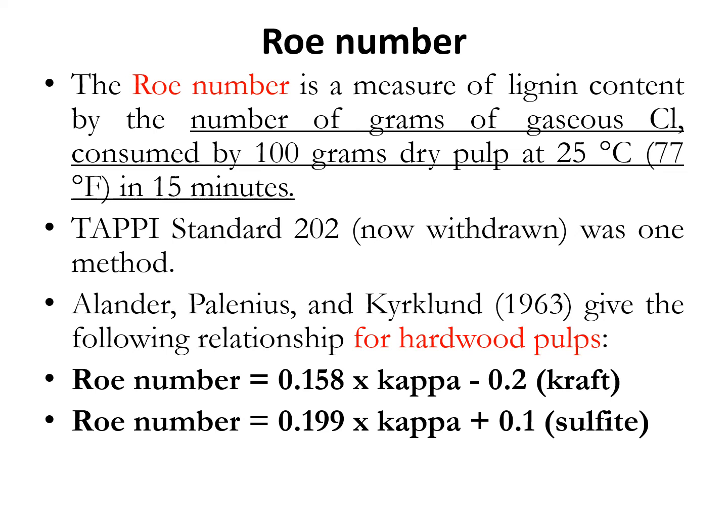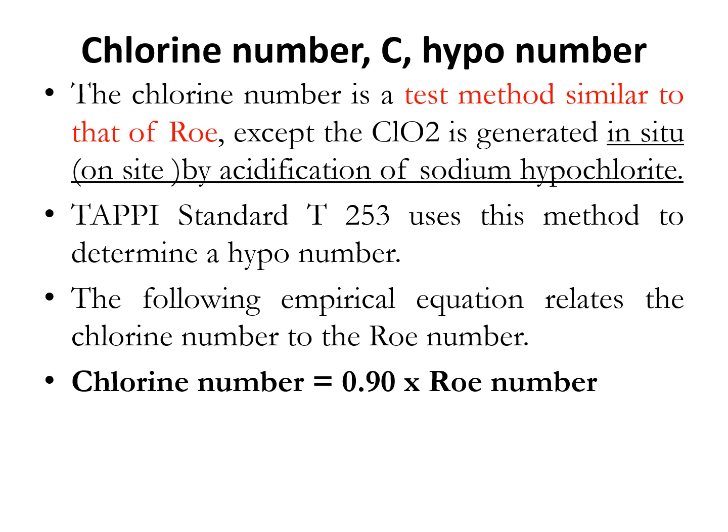For hardwood pulps, rho number is equal to 0.158 times Kappa number minus 0.2, that is for kraft pulp, and rho number is equal to 0.199 times Kappa number plus 0.1 for sulfite basically.